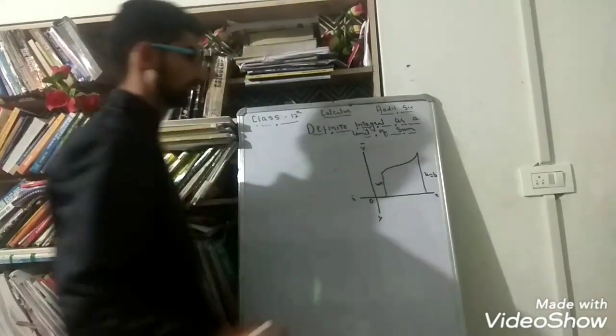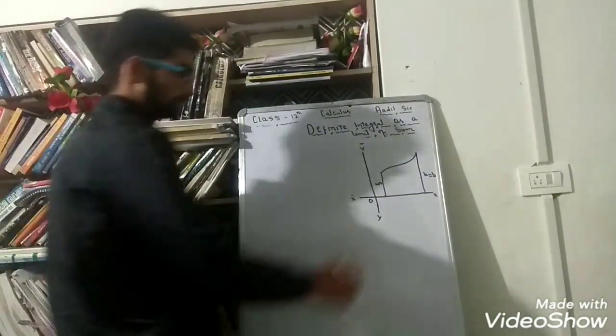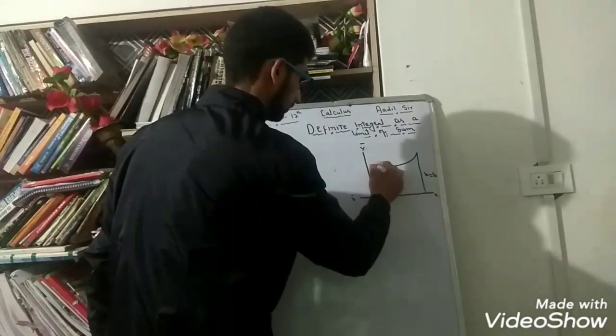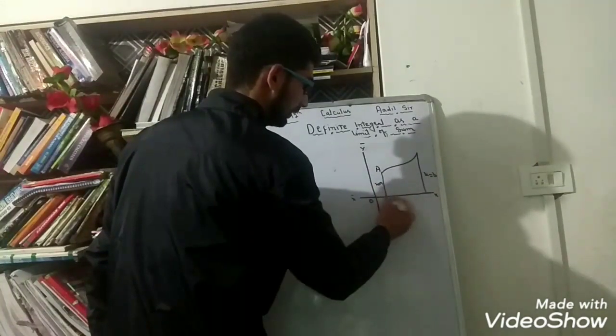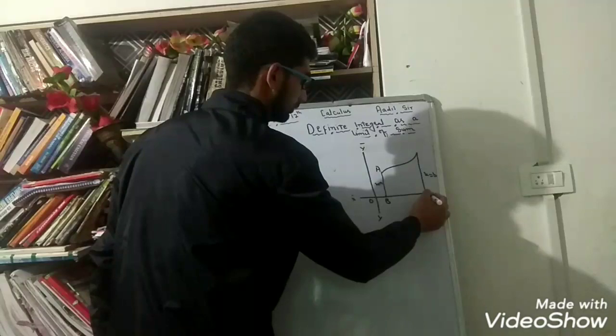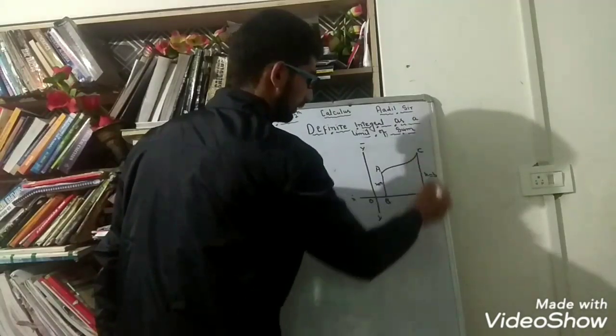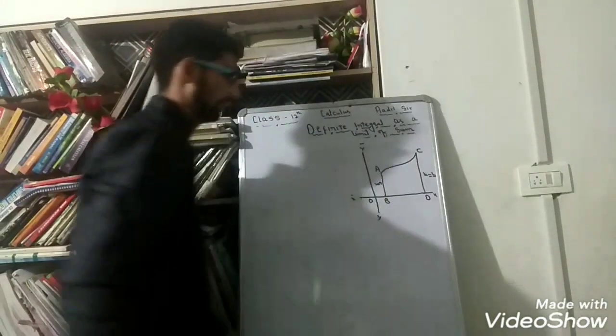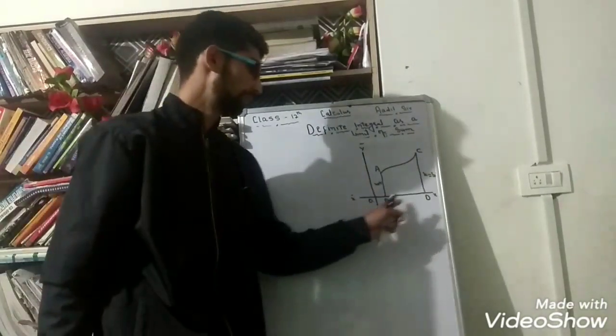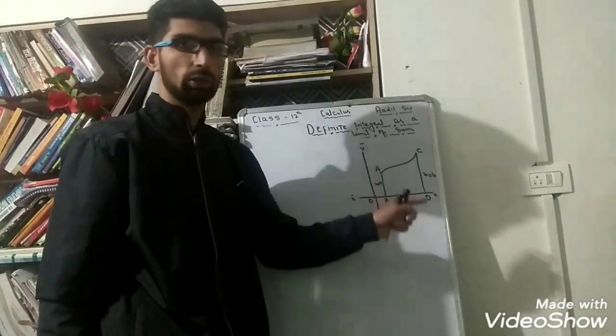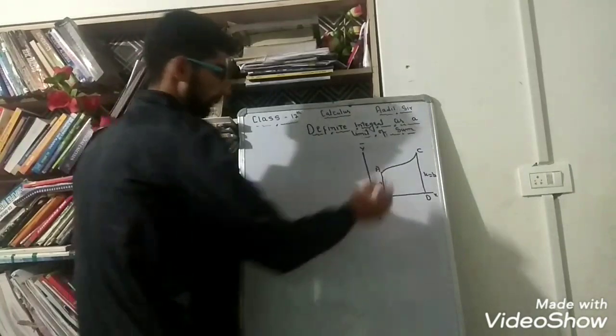Now, what is my next step? If this is my A, B, C and D, after that I have to divide this distance BD into n equal parts. So I will divide.